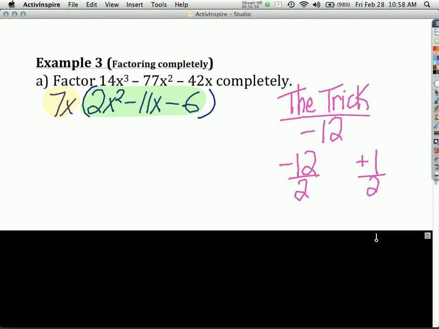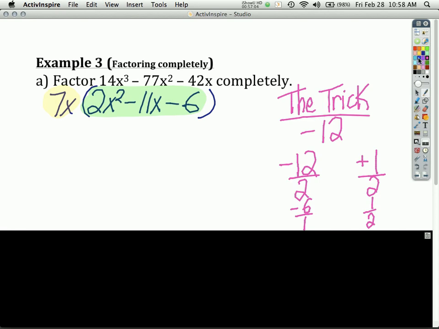And what's the next step in the trick? Janae? You said that beautifully. Simplify. What will this become? Danielle? Negative 6 over 1. You need that 1 because it's a trick. And so now the denominator becomes the coefficient, the numerator becomes the number that goes with it.